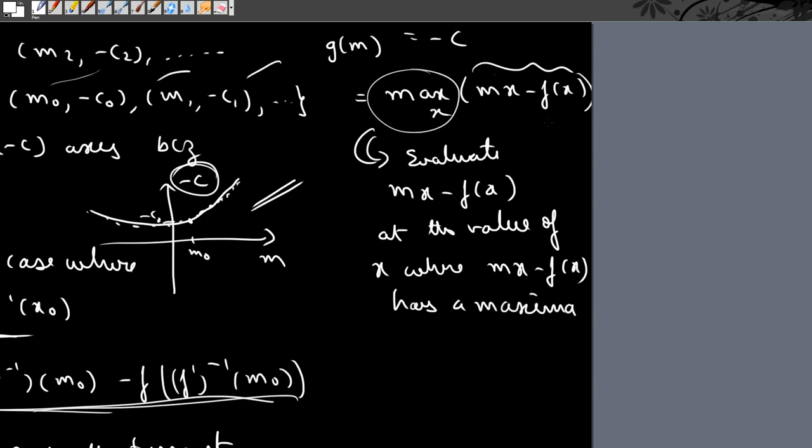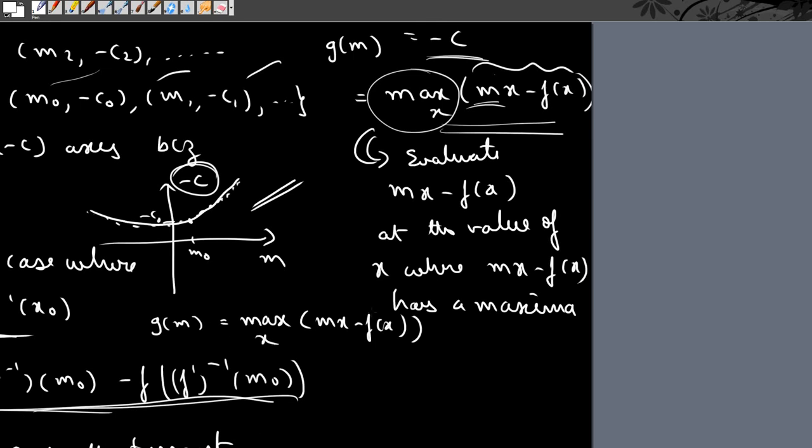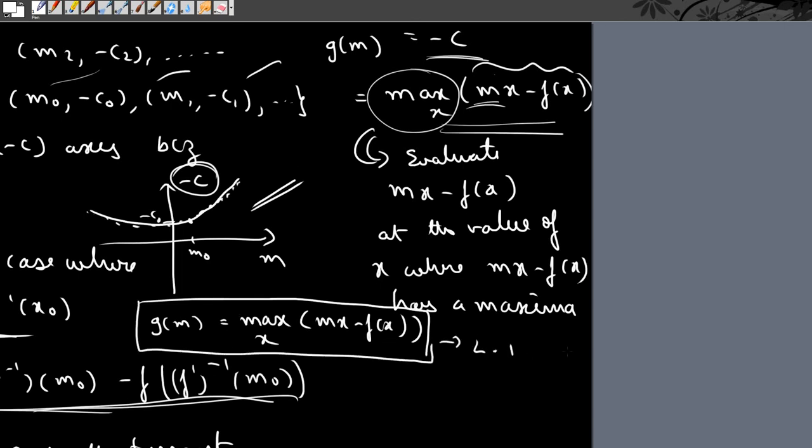Then the corresponding value of this function is going to be the value of minus c for the corresponding slope. This is our equation which represents the Legendre transform. So what is the equation? G of m is equal to max, the value of mx minus f of x at x, where mx minus f of x takes the maximum. So this is our Legendre transform.